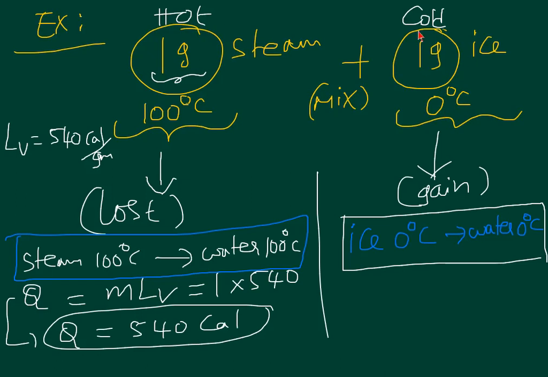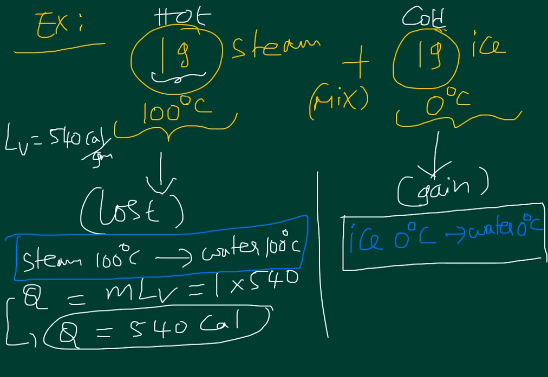If you give more heat to this ice, ice at 0 can convert to water at 0 only. So let us take the step ice at 0 to water at 0.